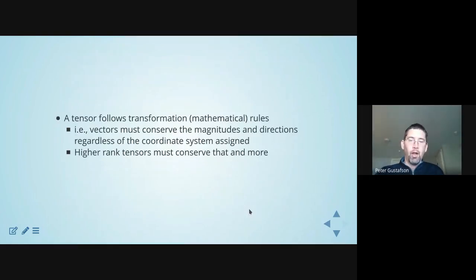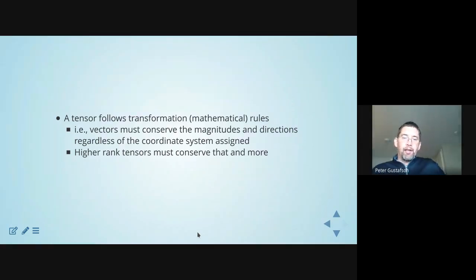Now, without going into all the details, I will mention, mathematically speaking, that a tensor follows certain transformational rules. These are essentially mathematical rules that govern how a tensor can be calculated in different coordinate systems.